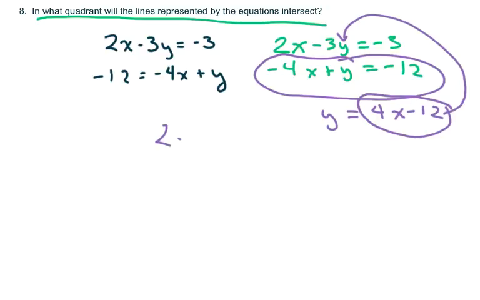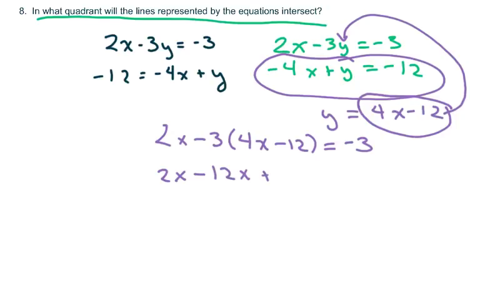So you get 2x minus 3 times 4x minus 12 equals negative 3. So this is 2x minus 12x plus 36 equals negative 3. I hope you're following me. So then we get negative 10x, and I'm going to go ahead and move this over.